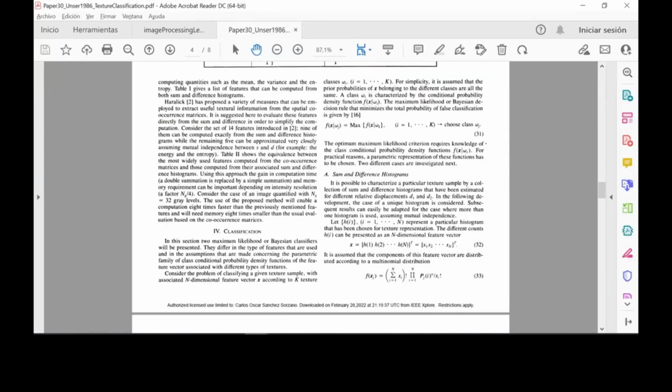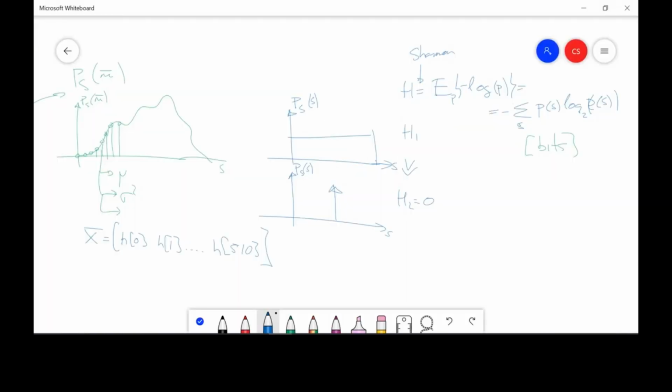Here I have a vector. This transpose is simply to make it a column vector. Now, if you divide the histogram by n, you have an estimate of the probability density function. So what is the probability of observing?